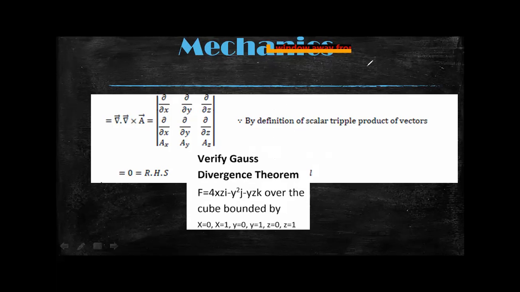Or a new share also, right? We can go for a new share. F is equal to 4xz i minus y square j minus yz k.